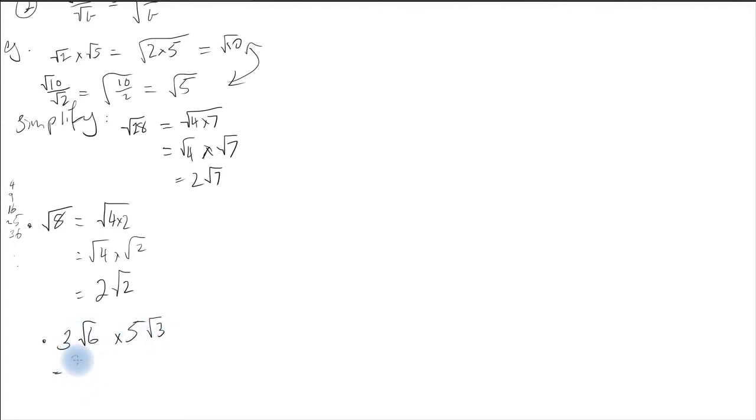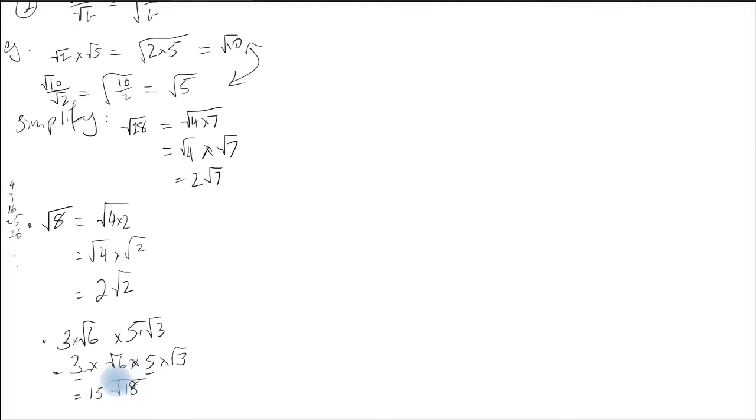I'll write it out in longhand, as this is missing a few times signs here: 3 times root 6 times 5 times root 3, and it doesn't matter which order you do your multiplications in. So we're going to do the 3 times the 5 first, giving us 15, and then our surds multiplied together, root 6 times root 3, root 18.